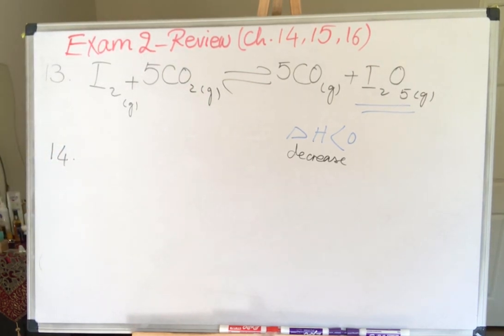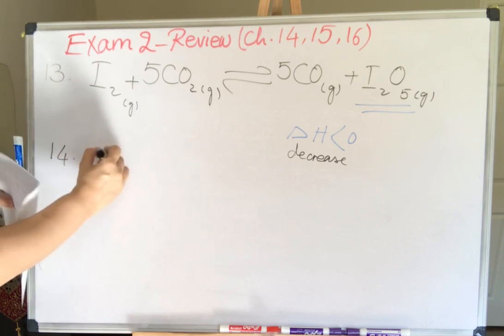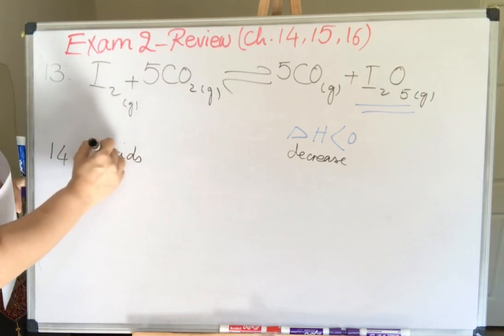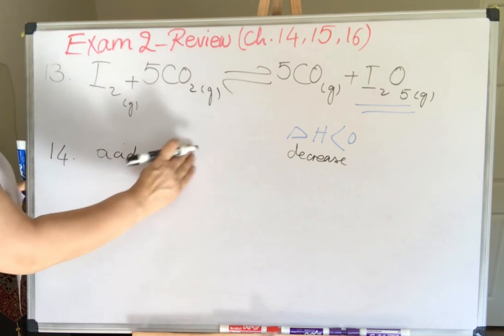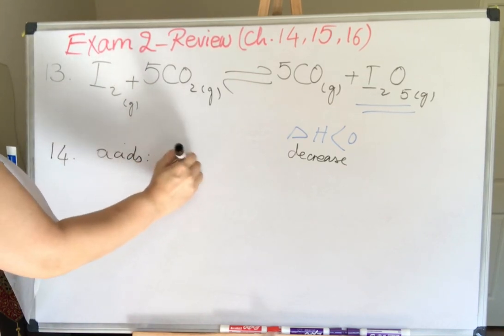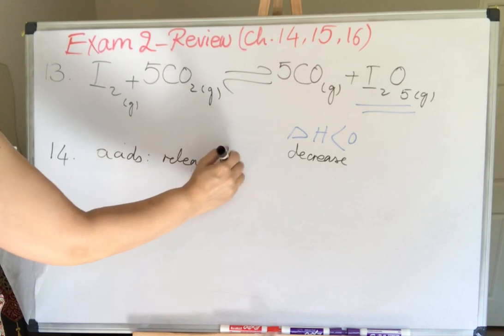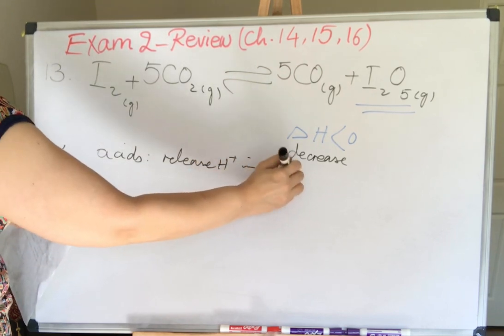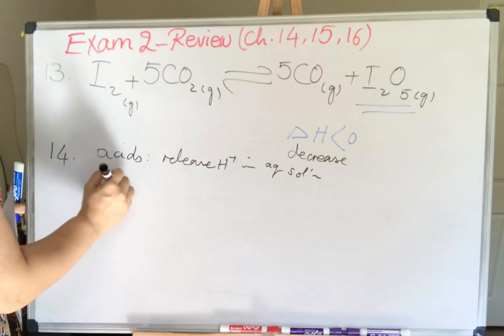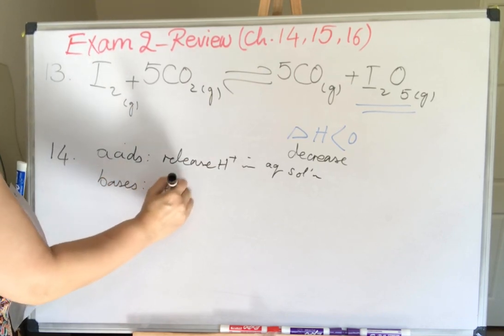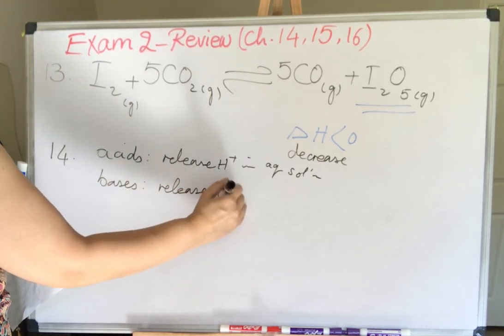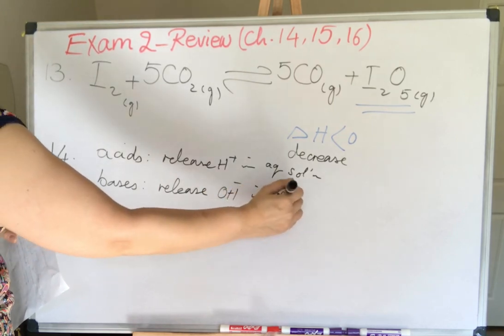Question number 14. Which of the following reactions is not readily explained by Arrhenius' concept of acids and bases? For Arrhenius acids and bases, acids release hydrogen ion in aqueous solutions, and bases release OH, hydroxide, in aqueous solutions.